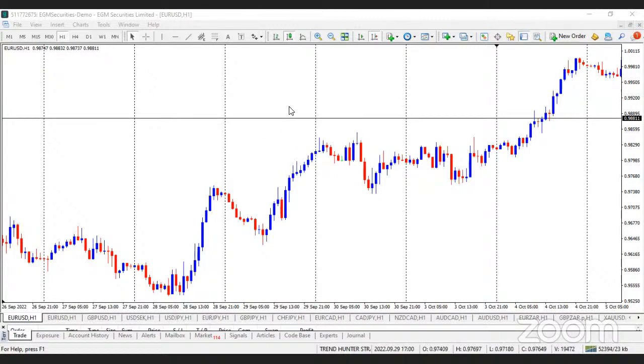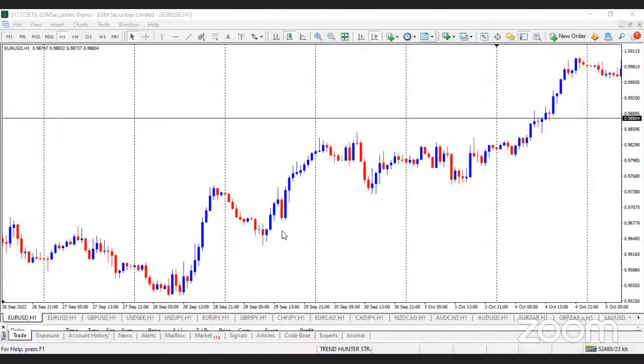I'm just waiting for the MT4 to be projected. I'll first start with how you can add these two indicators on the chart.